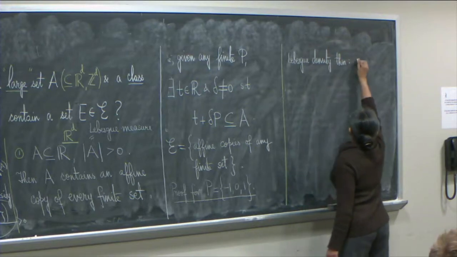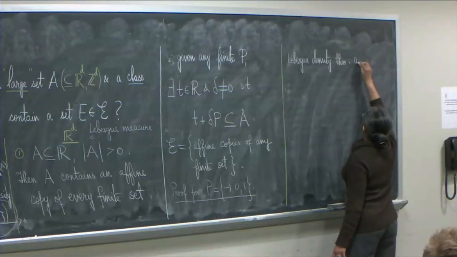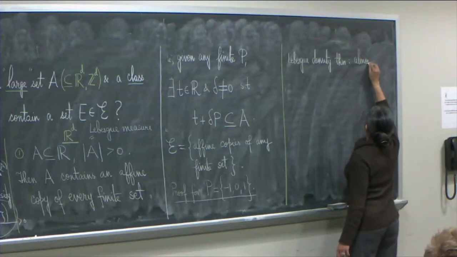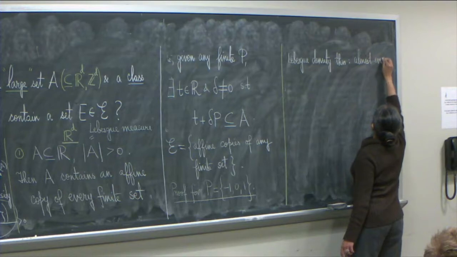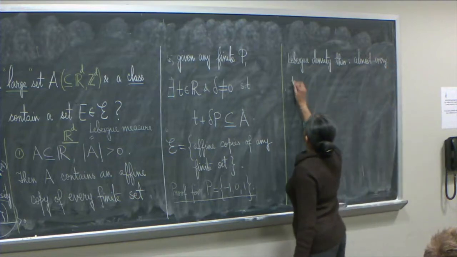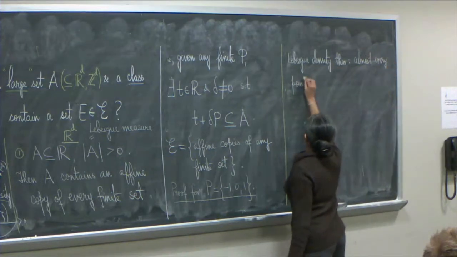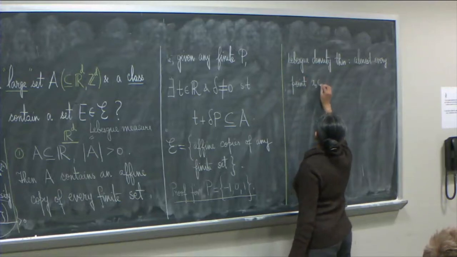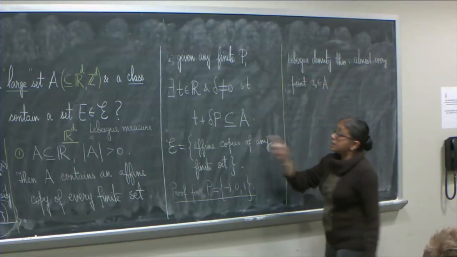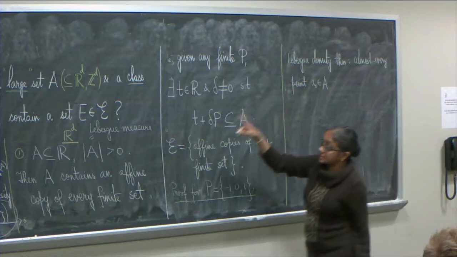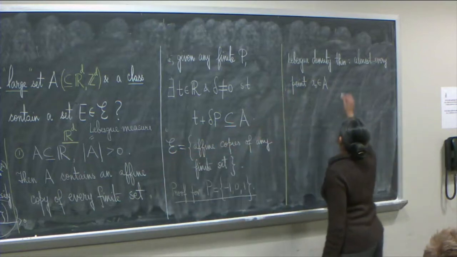It says that almost every point x0 in my Lebesgue measurable set A is a density point.